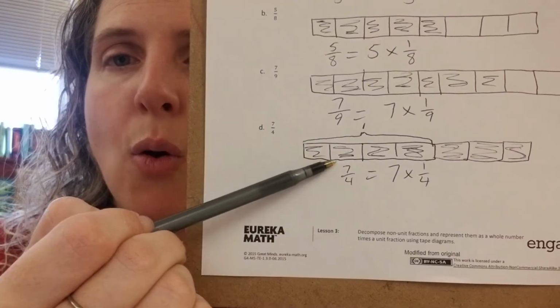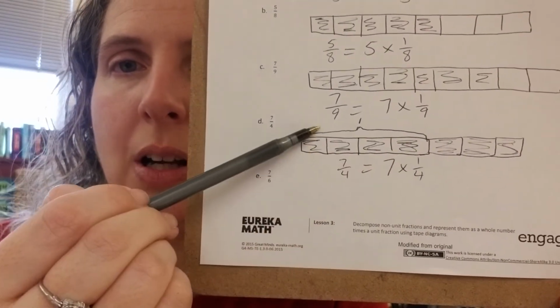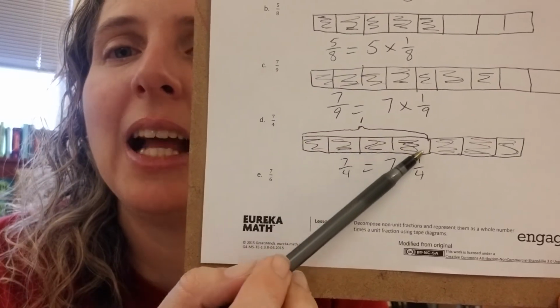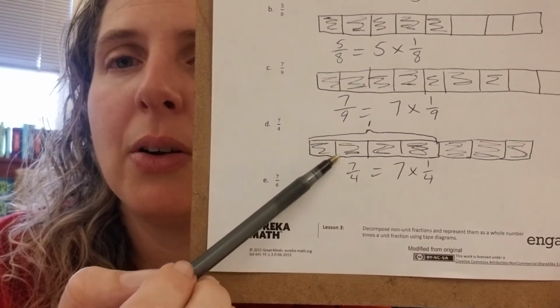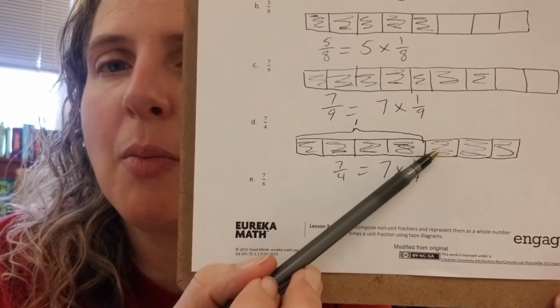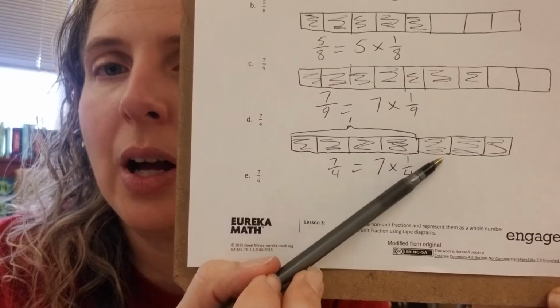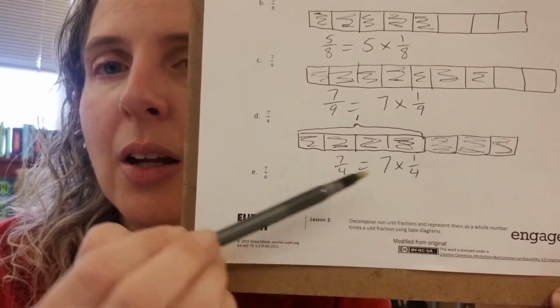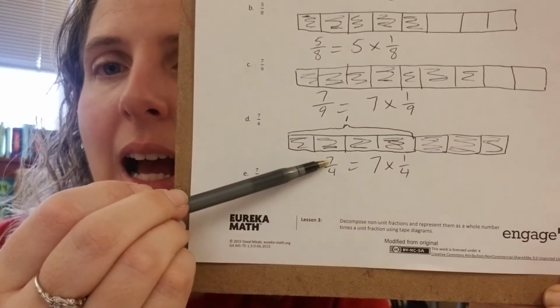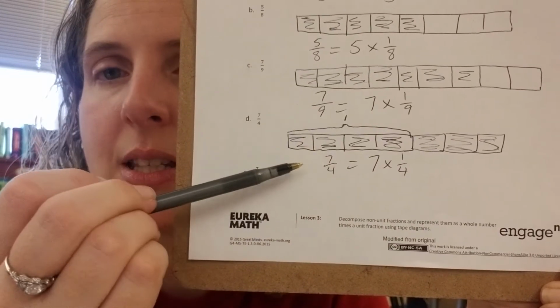All right, let's check it. You should have 4 that you put a little bracket there to show this is 1. This is 1 full candy bar. Okay, I broke it into 4 pieces. That's 1 full. And then, how many more 1/4 are there? 1, 2, 3. 4 plus 3 equals 7. I have 7/4.